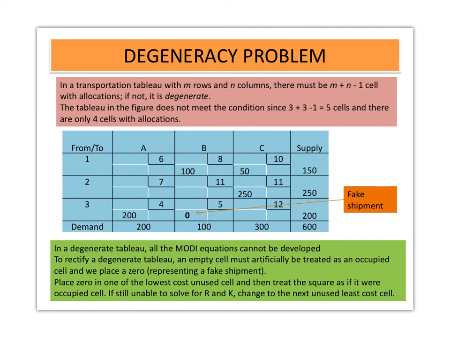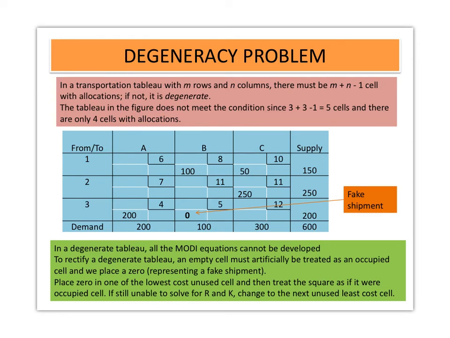So we are going to treat this cell as an occupied cell. By doing that, we now have 1, 2, 3, 4, 5 occupied cells.